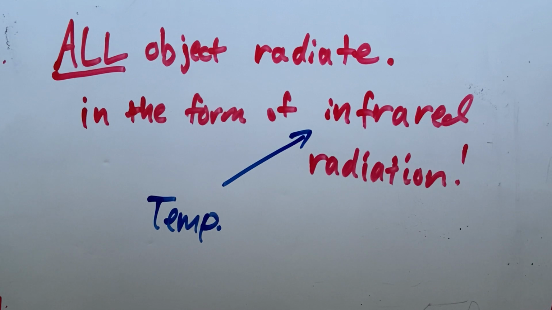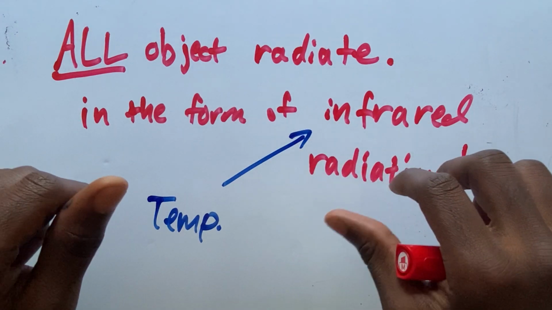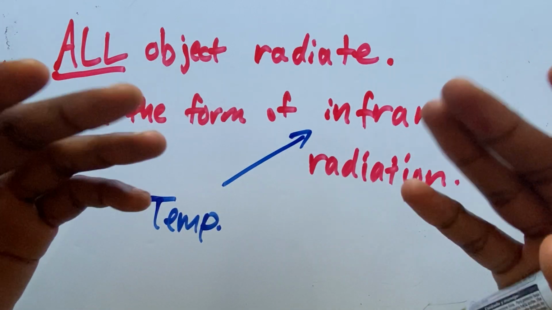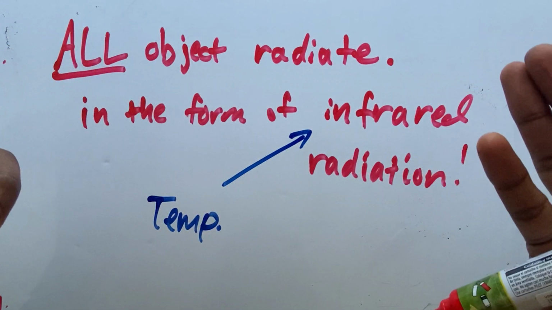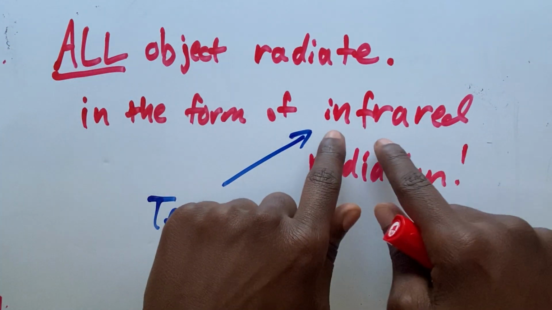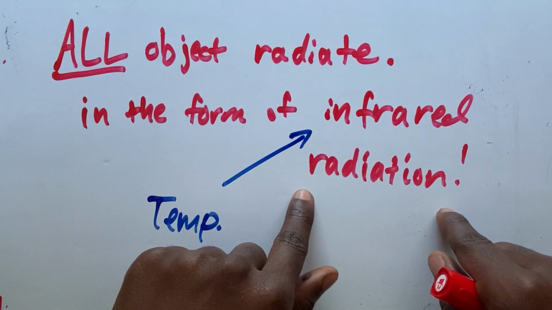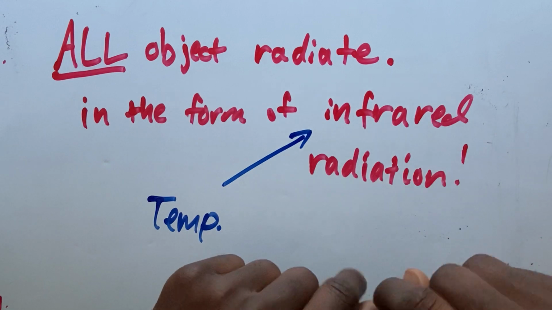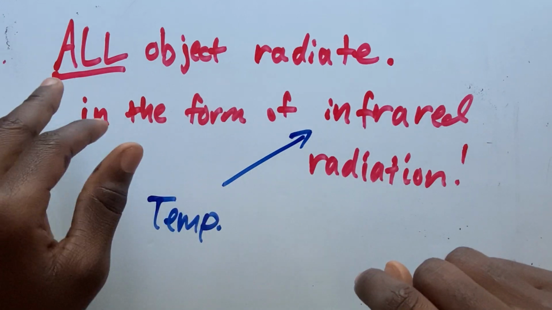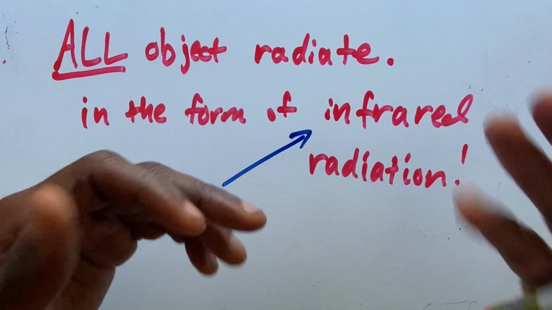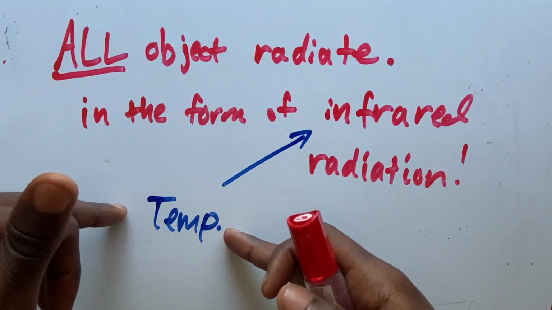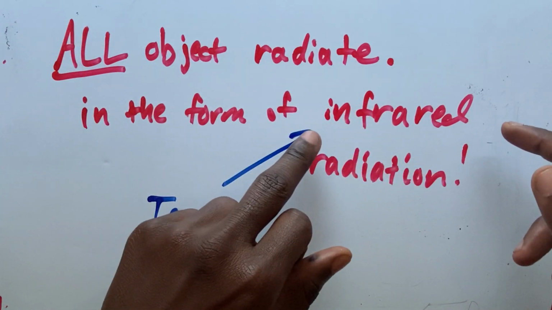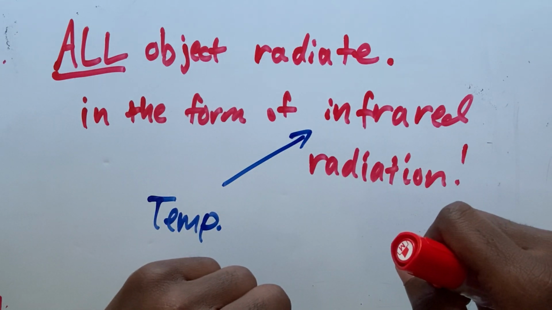So people that have night vision goggles, you put on these night vision goggles, you can basically see people, but what you're seeing is that person's infrared radiation because they have some temperature associated with them. And so since all objects have some amount of temperature, all objects hence have some form of infrared radiation.